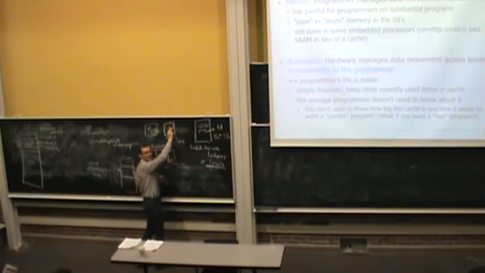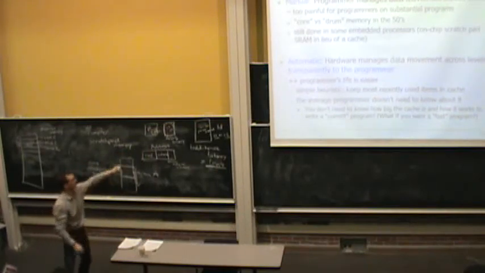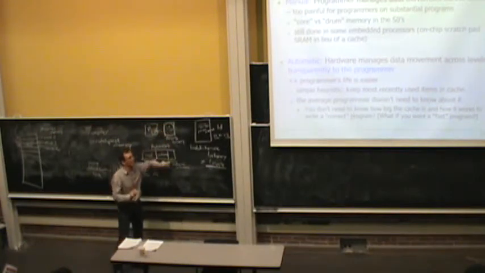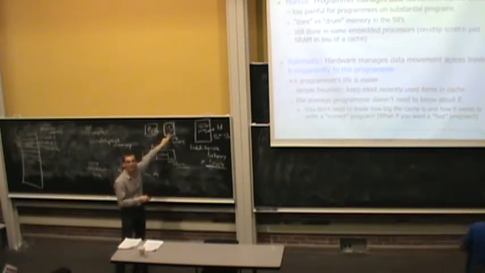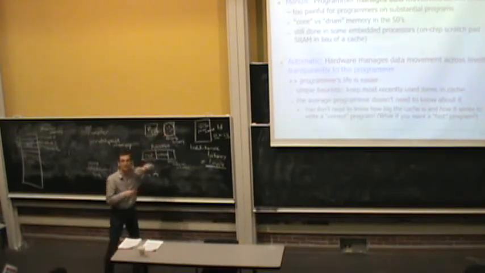So you may want to partition your program such that the data that you're operating on fits into this cache. So if you want to write a fast program, you actually may need to know the characteristics of how large the cache is and how it's managed in hardware. But if you want to write a correct program, then you don't need to know anything at all, assuming that hardware manages the cache hierarchy transparently to you.